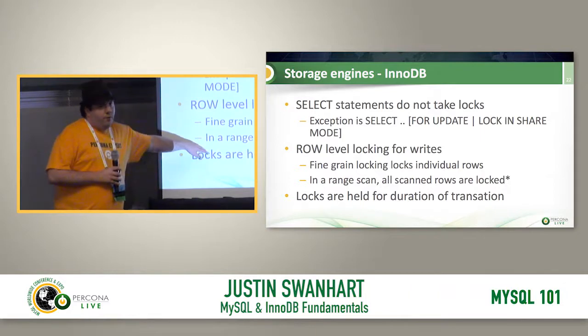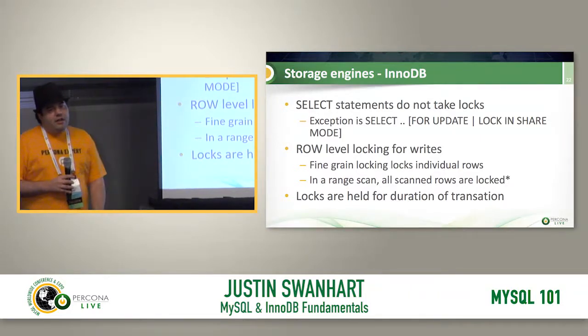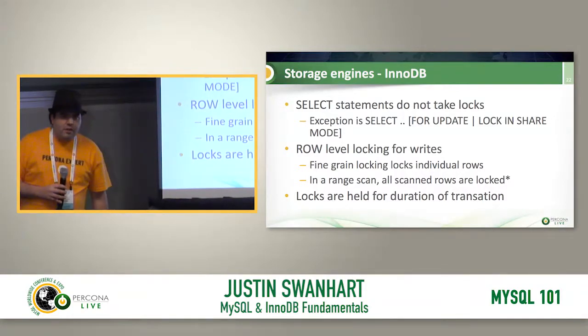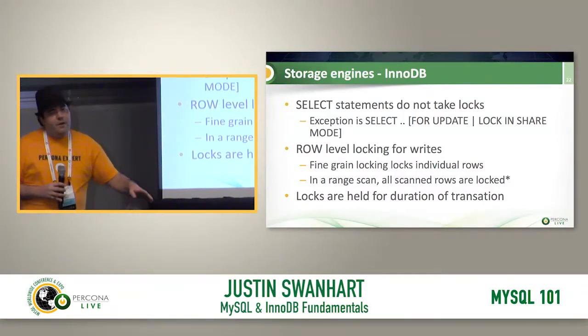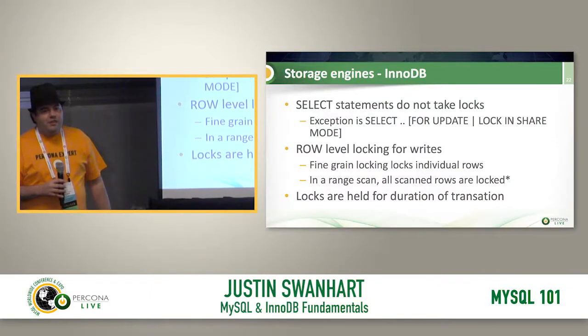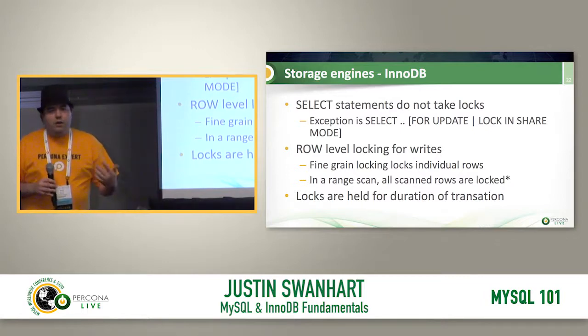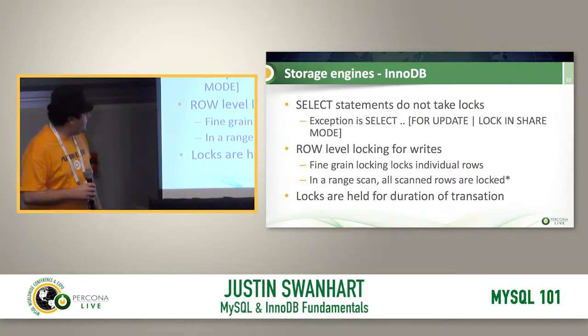You've got to be careful, because a range scan is going to lock all of the rows that it touches. If you don't have a good index and you update a table, you could end up scanning the primary key and locking almost all of the rows, or all of the rows, in your table. So you need to make sure that your tables are indexed for your update statements.